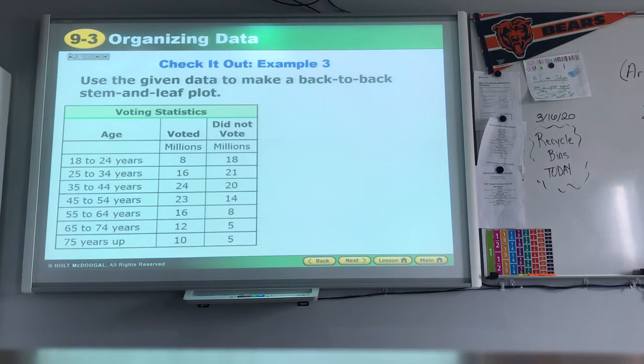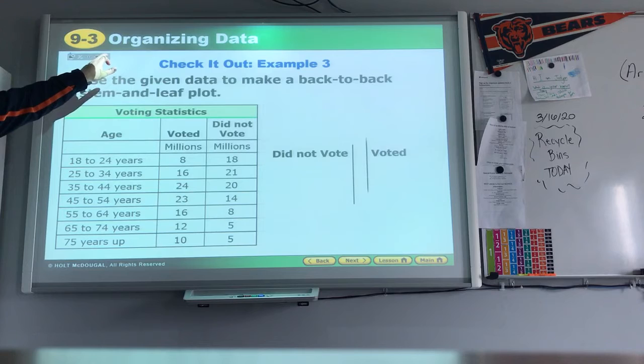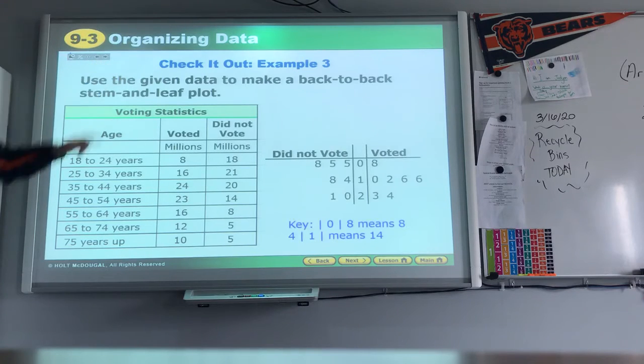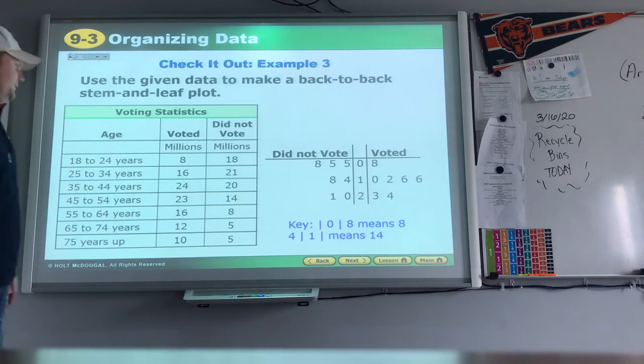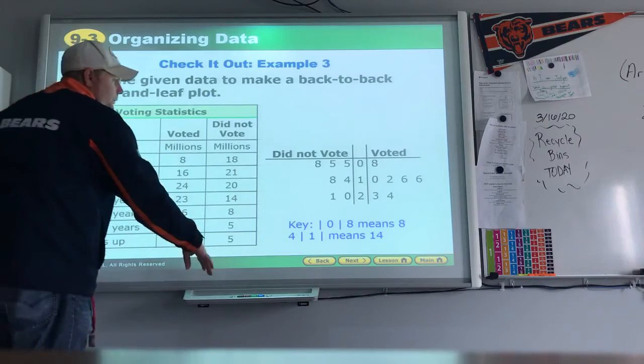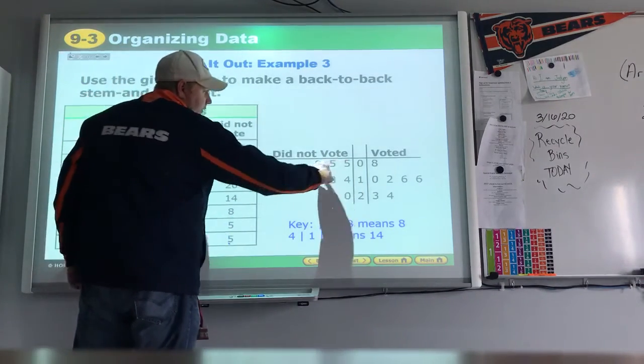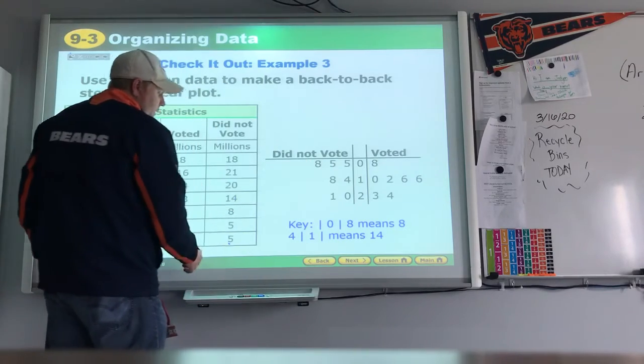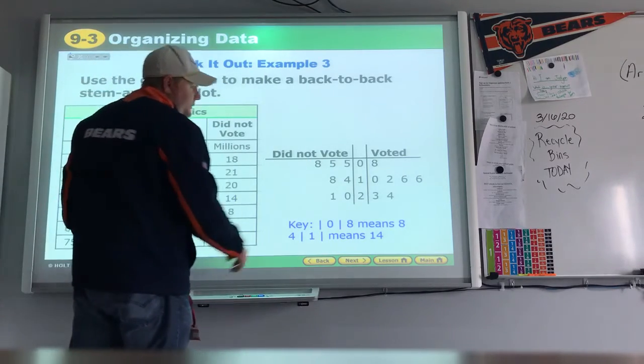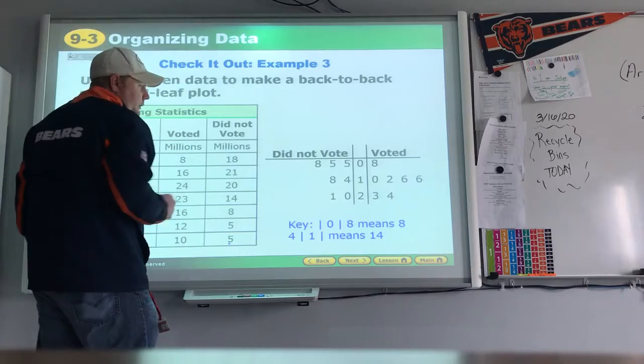Back to back. Voted versus did not vote. And we're going to see how that compares. All right, we have our items in the middle. Did not vote. 0, 8, 5, and 5. Oh, they go there. For the 1s, we have 14 and we have 18. For the 2s, we have 20 and 21.